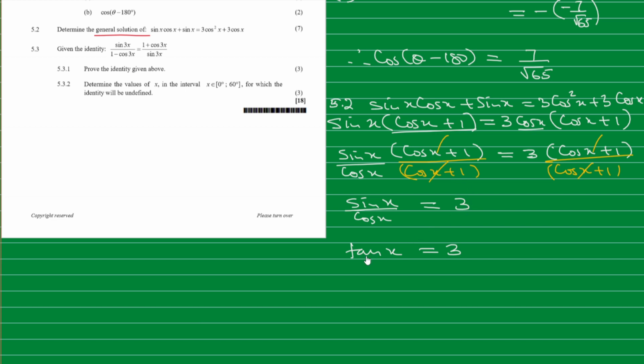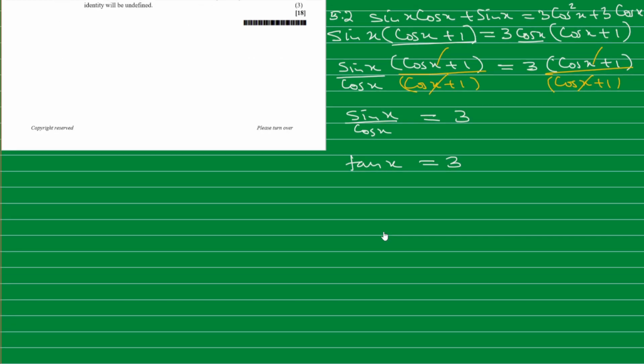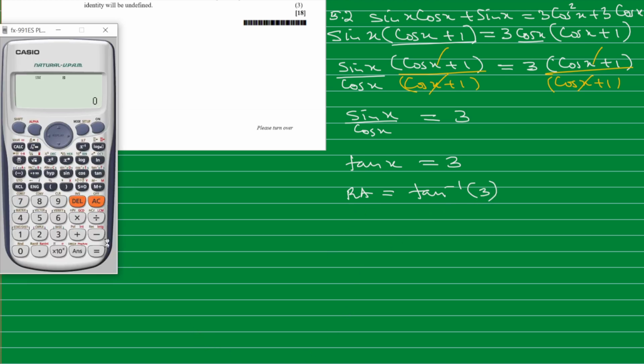So when we are given tan x is equal to 3, the first thing is to get the reference angle. So our reference angle here is arctan 3. Punching that in our calculator, shift tan 3, we are going to get 71.565.